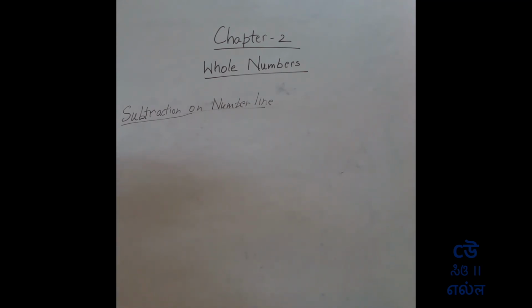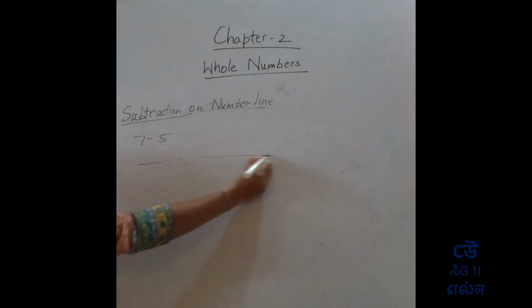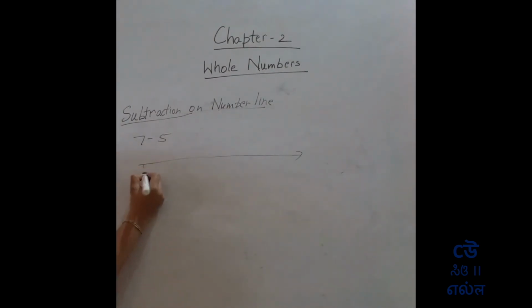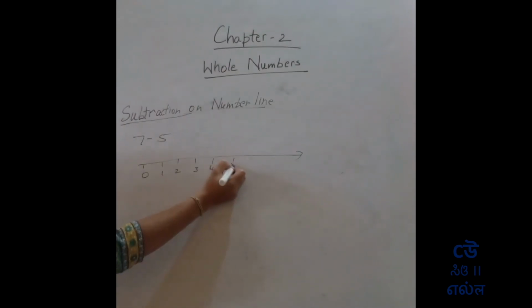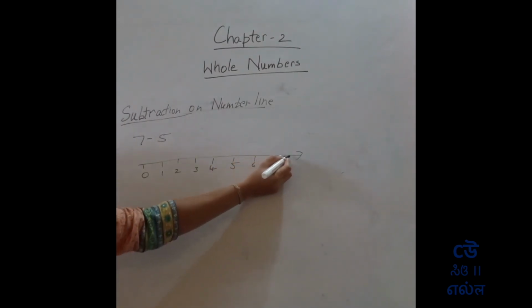Okay. Let me take one example, that is 7 minus 5. Okay, as usual you have to draw the number line: 0, 1, 2, 3, 4, 5, 6, 7, 8.